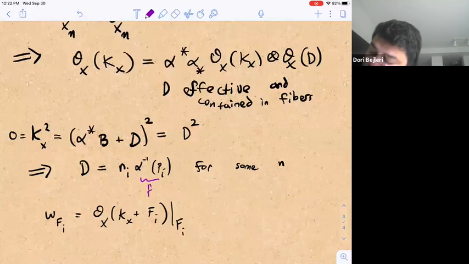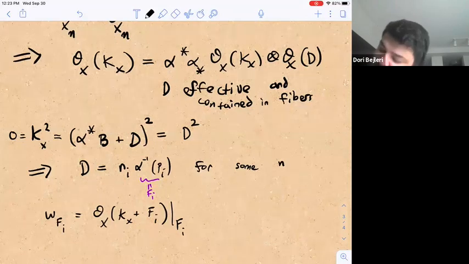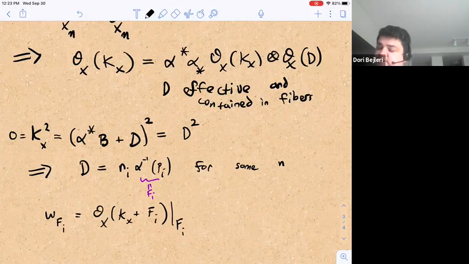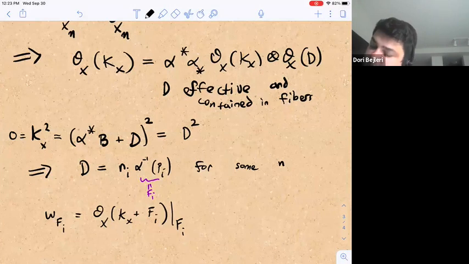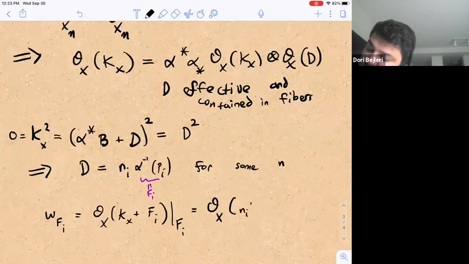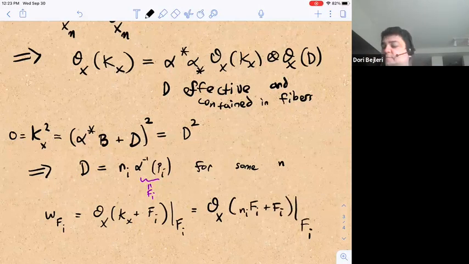Okay, so adjunction tells us this, but now we look at our contribution of the canonical to this fiber F_i, and it's exactly this D, because the rest of the canonical is pulled back from the base, so it'll intersect F_i trivially. So the only thing we'll get here is that this is the same as O_X of N_i F_i plus F_i restricted to F_i, because the other piece of the canonical is pulled back, and the other components of D are disjoint to F.